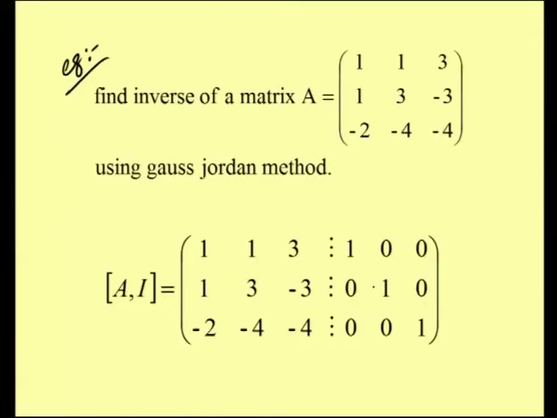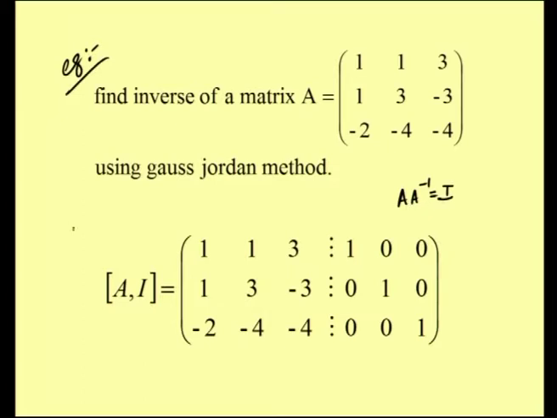So the matrix A is going to become the identity matrix, and the identity matrix will automatically turn into A inverse. This is based on the concept that A inverse times A is equal to I. When you are doing the row operations, A is going to become I, in the sense I is going to become A inverse.